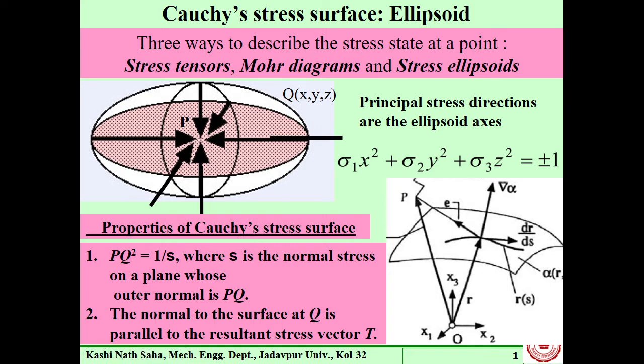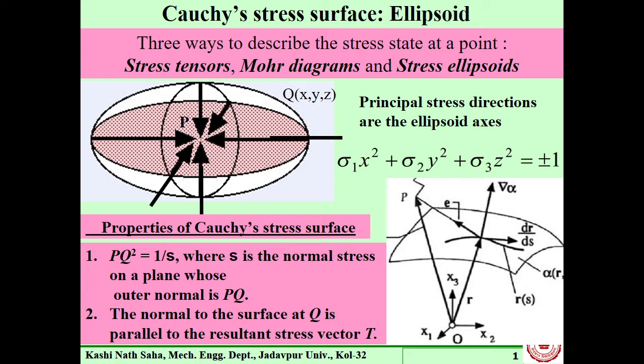But this is an ellipsoid, right? So at point Q, the outer normal of the surface will not be along PQ, because we have to construct a tangent plane at point Q. And the normal to that tangent plane is our outer normal. This is clear. So these things we can obtain from this ellipsoid.